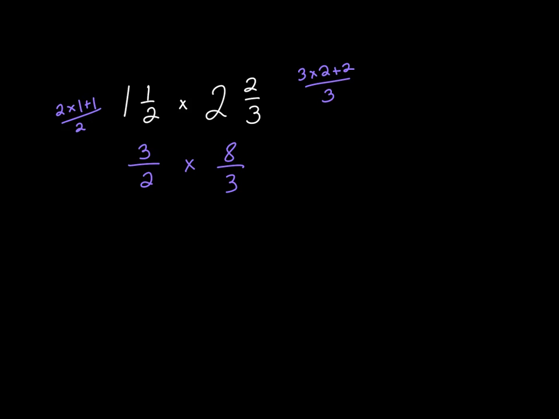Now let's look for things we can cancel. We have the 3 and the 3 here, which both become 1. And then 2 and 8 can both be divided by 2. So this becomes a 1. 8 divided by 2 is 4. So now we're ready to multiply.